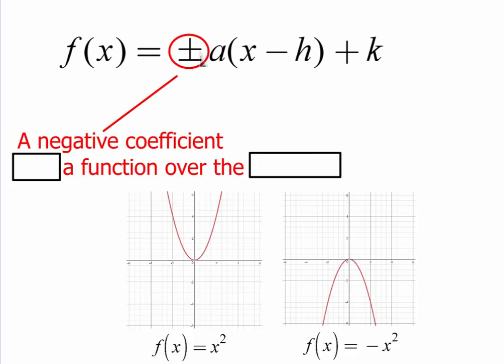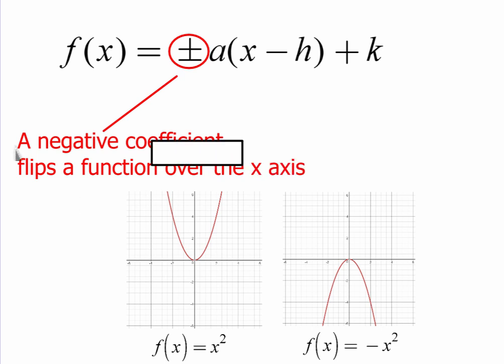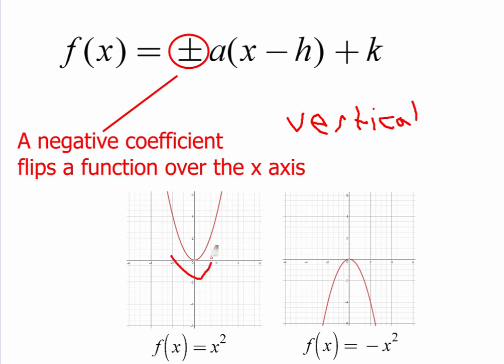Let's start with this plus or minus. All right, a negative coefficient is going to flip a function over the x-axis. The other thing we could say is that this is a vertical flip. So you could see down here that it takes this quadratic function.